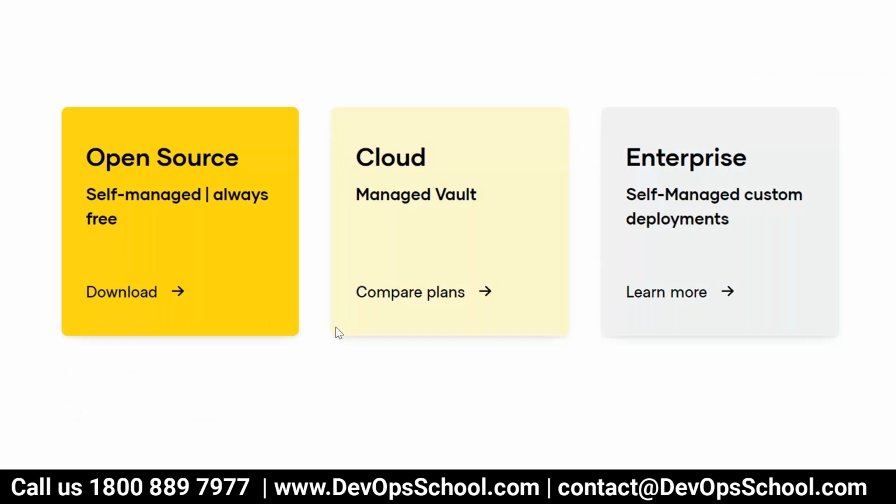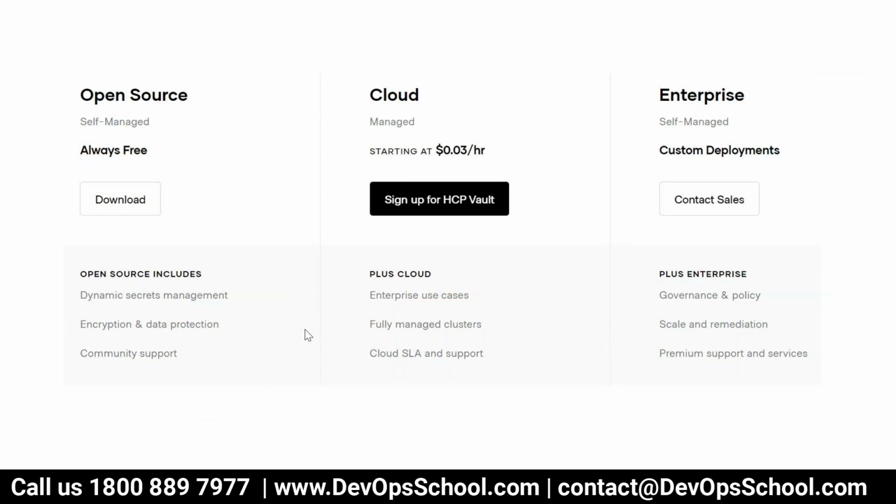Something similar, a version you can get on the cloud also. So for open source you can download. For cloud you have to sign up, and for enterprise you have to download, but you have to contact sales for that. Cloud is chargeable, which is 0.03 per hour or something.